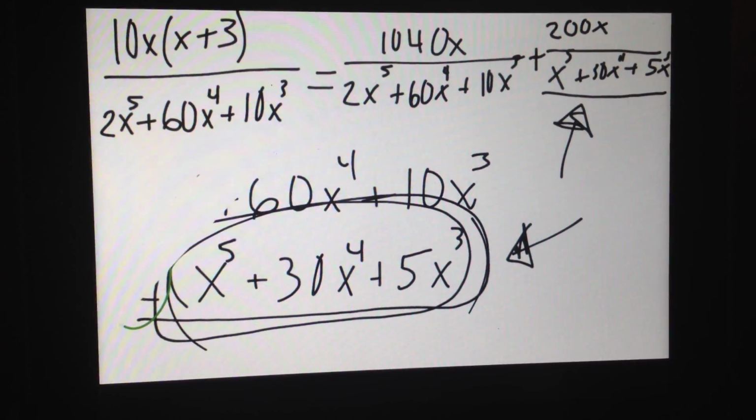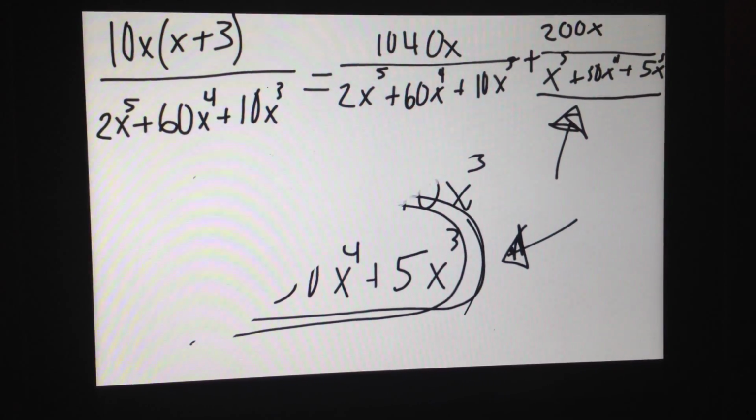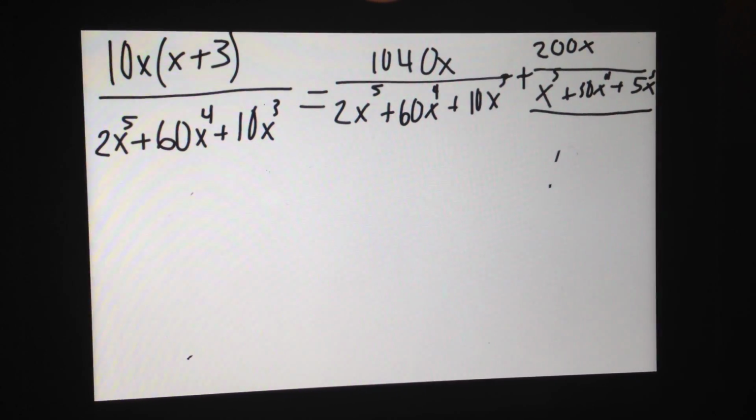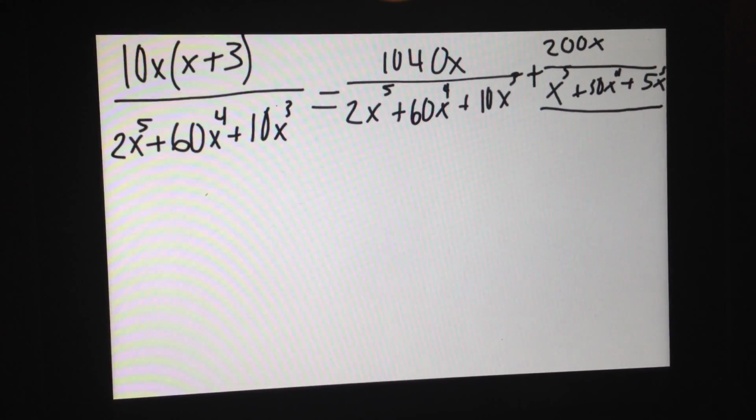So now that I know that, all I have to do to the bottom of this one is multiply it by 2.